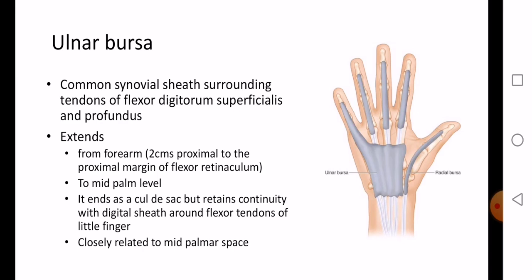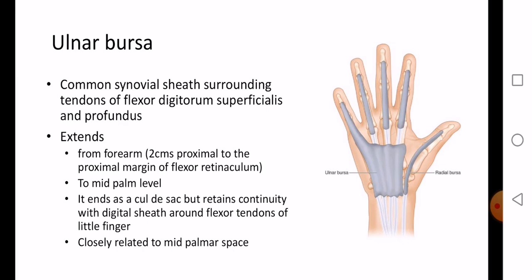The ulnar bursa, all of you look at the diagram again. Can you see the ulnar bursa? Yes? It is a common synovial sheath surrounding the tendons of the flexor digitorum superficialis and the profundus. It extends again from the forearm 2 centimeters proximal to the proximal margin of the flexor retinaculum up to the mid-palm level. It ends as a cul-de-sac. What does cul-de-sac mean?